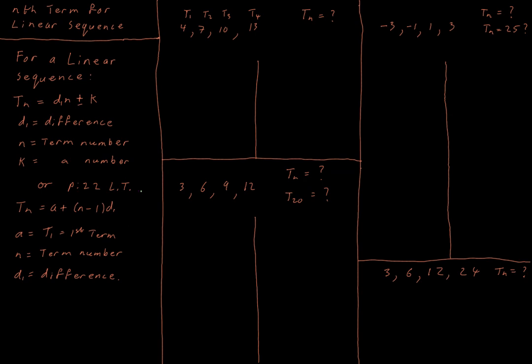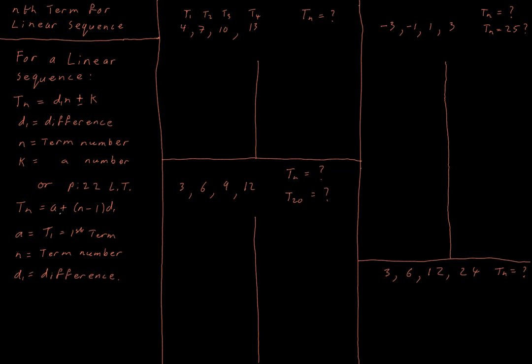So our formula tables, or our log tables, has this formula: Tn is equal to a plus n minus 1 times d. A is a letter for the first term, which we might more sensibly call T1, term 1. And it's our first term in our list. So in this case, it would be 4.